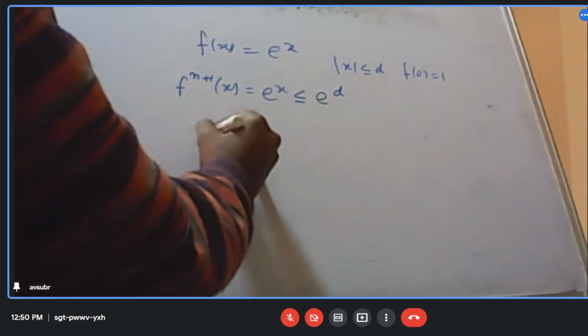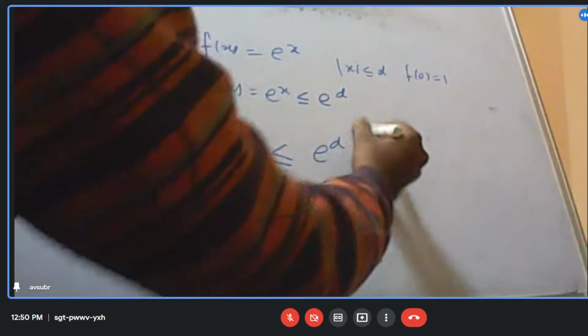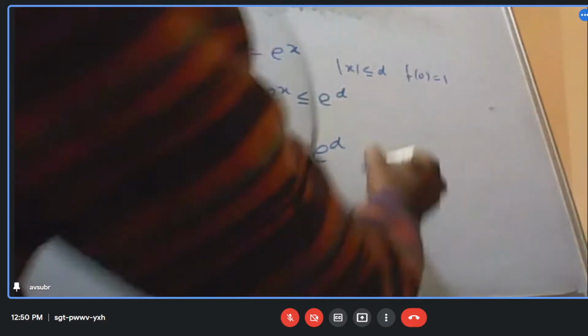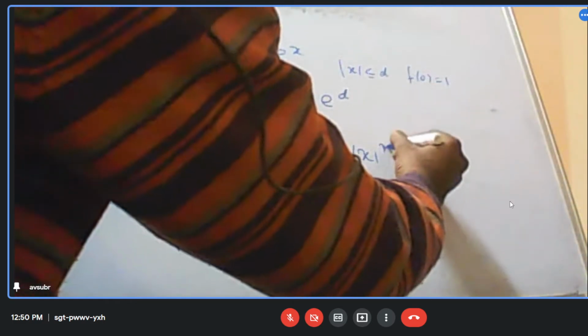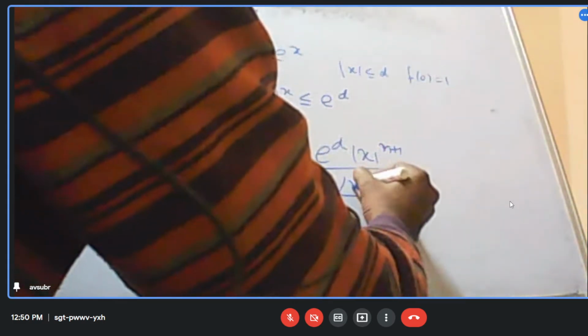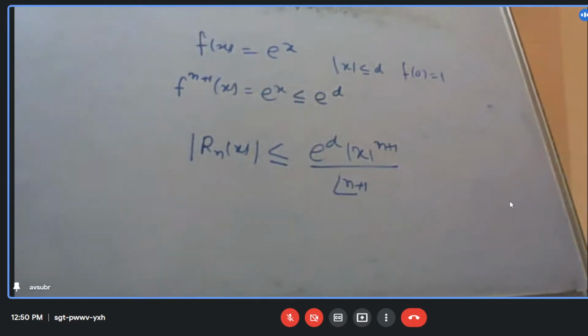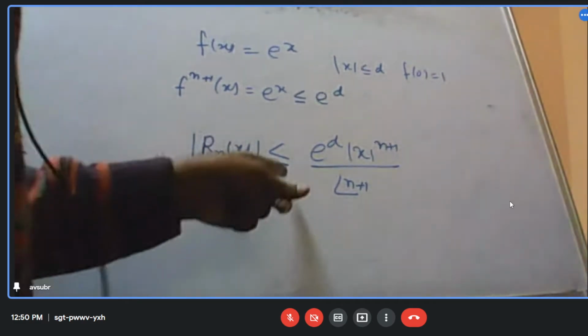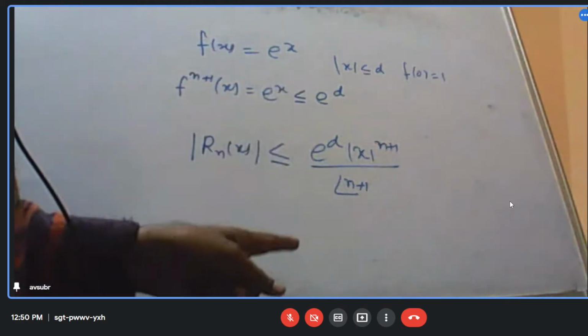Now my remainder then becomes equal to or less than e to the power d times x to the power n plus 1 over n plus 1 factorial. Is it okay? This is what the remainder will be.